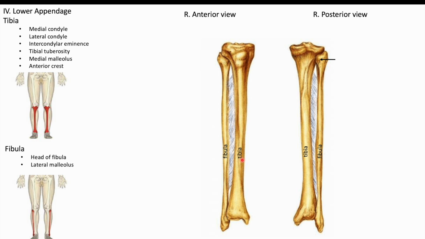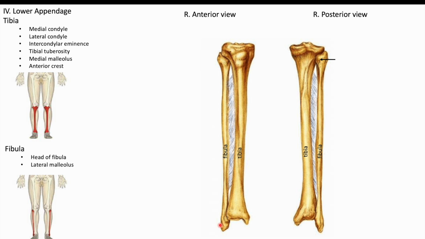And then at the very distal end of the tibia, you have the medial malleolus. This is the medial malleolus right here. There's also the lateral malleolus, but the lateral malleolus is going to be where the fibula is. So you have the medial malleolus on the medial side of the tibia, and the lateral malleolus is going to be on the lateral side of the fibula, the other bone.